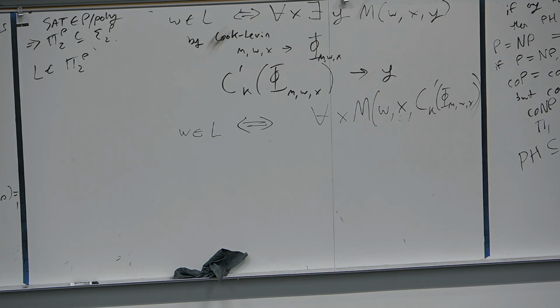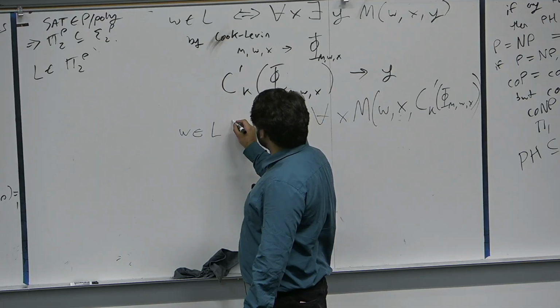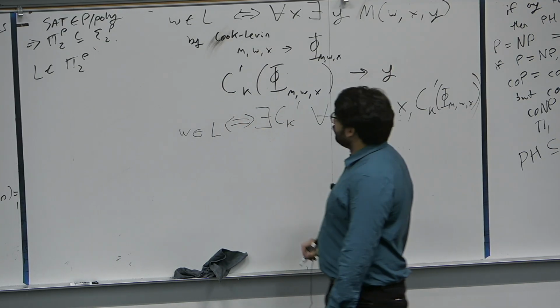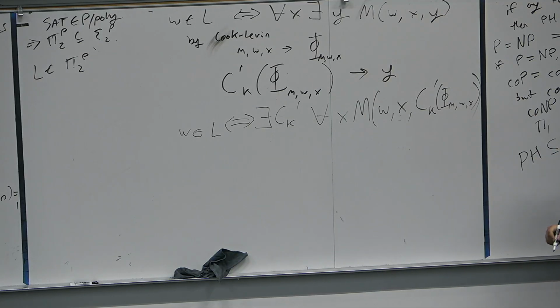I claim there's a way to get C_k prime. This machine needs access to that circuit, but it doesn't have it. How can it get access to that circuit? Yeah, just guess it. Use non-determinism to guess the circuit. Then use that to perform witness extraction on myself, and now I don't have to quantify over that.